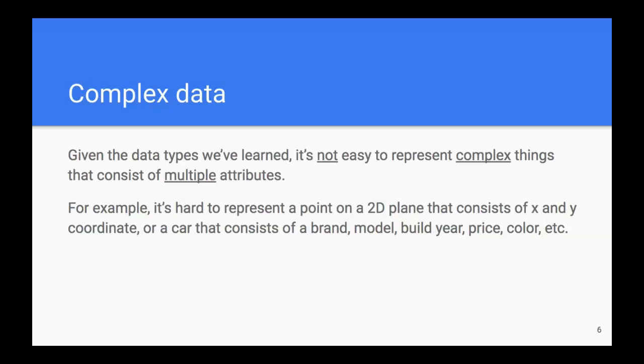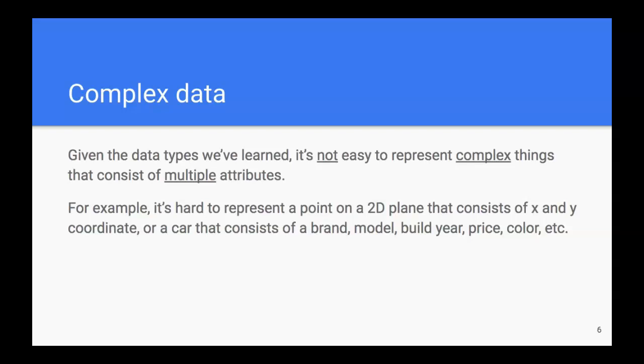A car, well, depending on whether you're in a dealership or you're actually designing a car in a manufacturer. But let's say you're a dealership, a car is a bunch of things, right? You probably want to start with a brand and a model. That nails down which car you're looking at, and then probably the year that it's built.